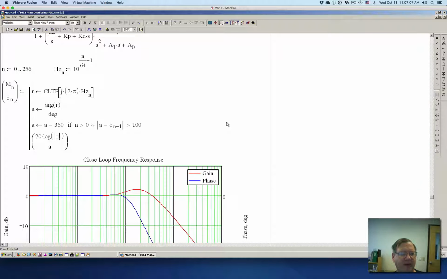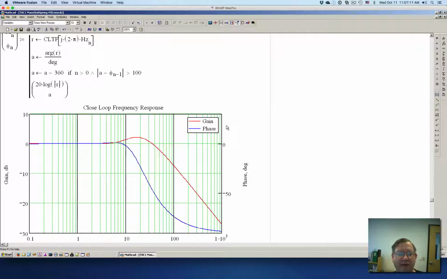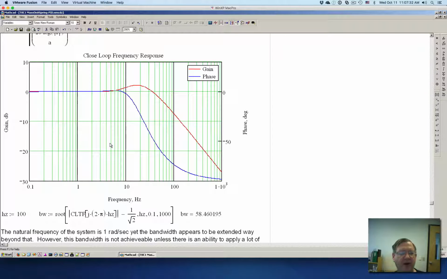And you can see that because I set the 3 poles at minus lambda, and that's pretty far off on the negative real axis relative to the natural frequency, I can extend the bandwidth with hardly any phase lag or change in gain all the way out to about 8, or what is that, 6 hertz or so.